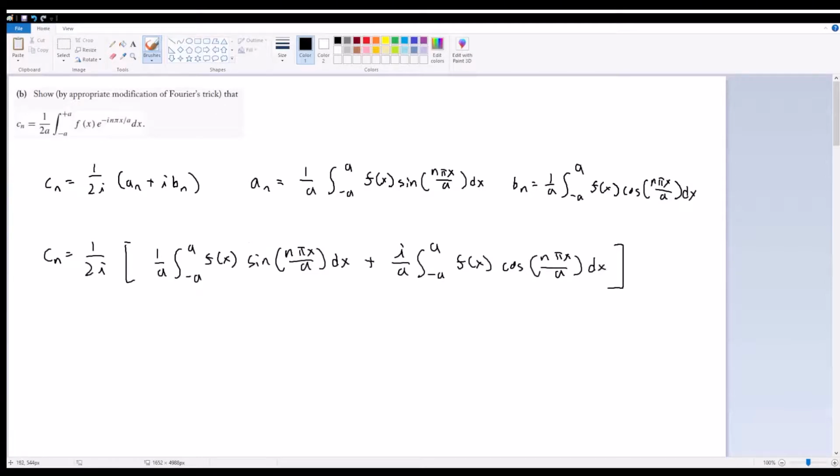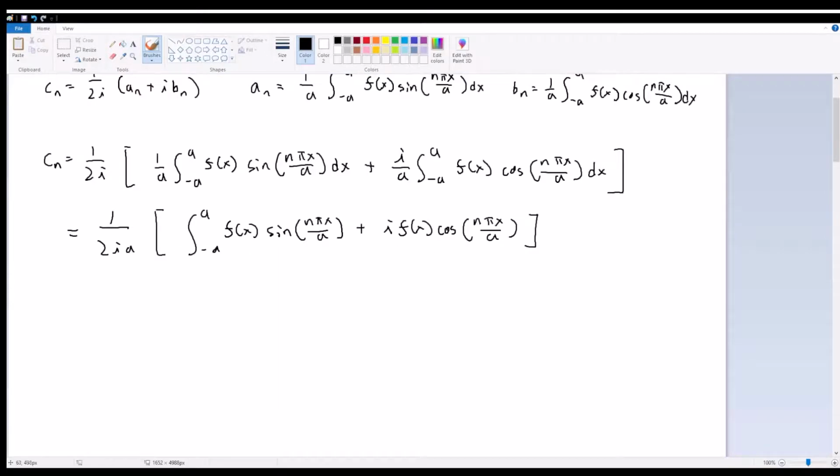We can do the distributive property and combine these integrals because they have like terms. We move the 1 over a out first, so we have 1 over 2ia times our integral from negative a to a now of f of x sine n pi x over a plus i times f of x cosine n pi x over a.